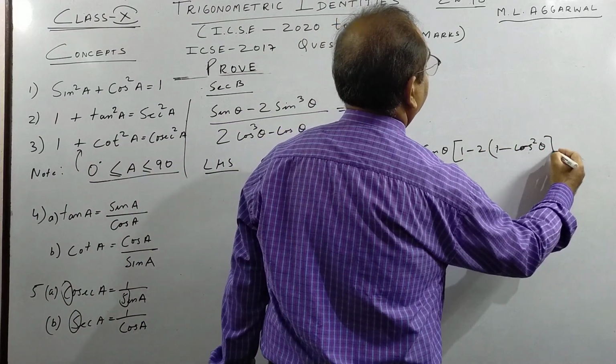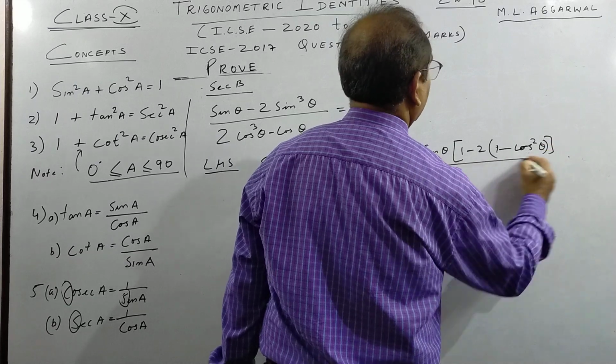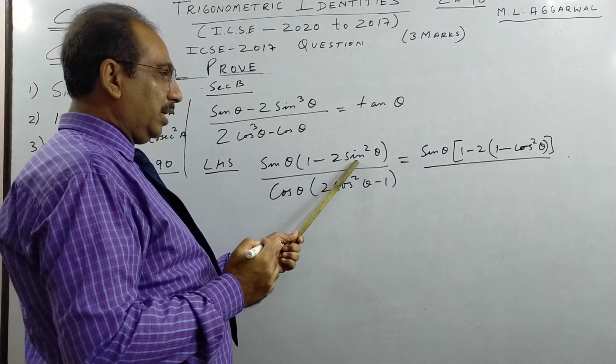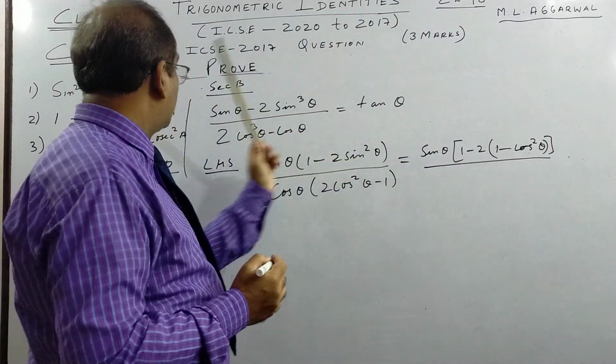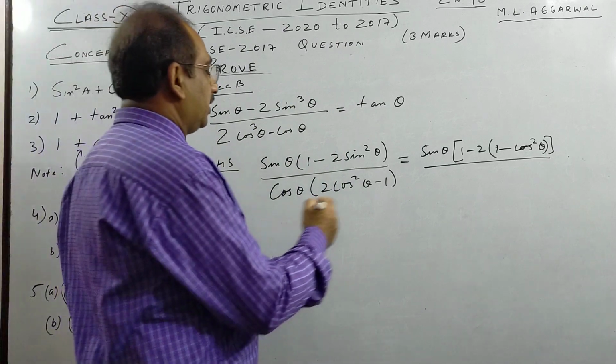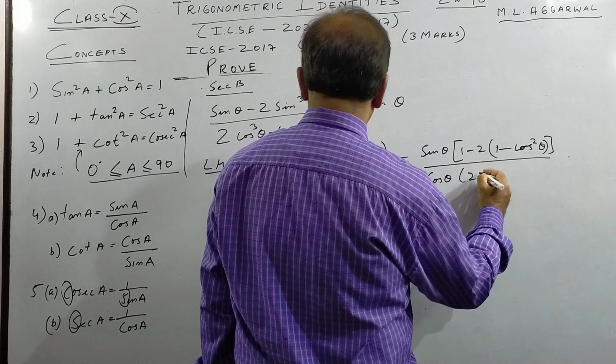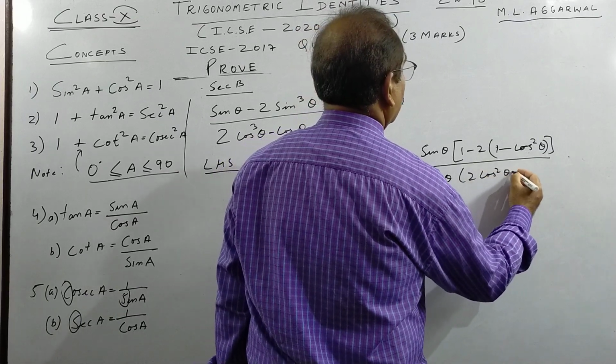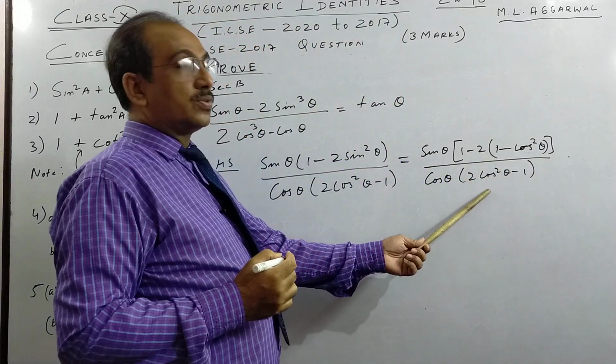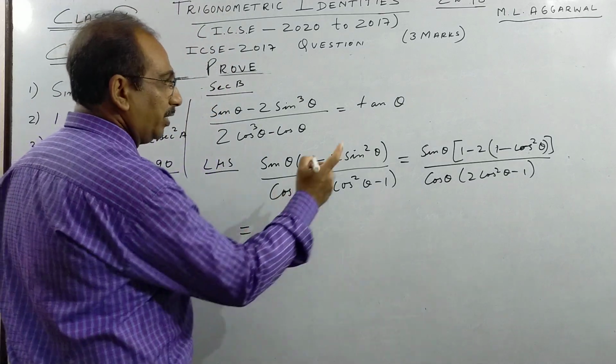Sine square theta is only this part, 1 minus cos square theta. So here we have, don't do anything in denominator. Don't try to change cos square theta into sine square theta. So what do we get?